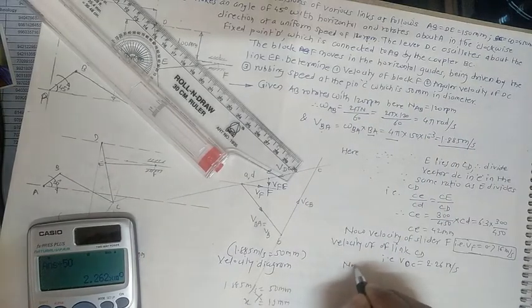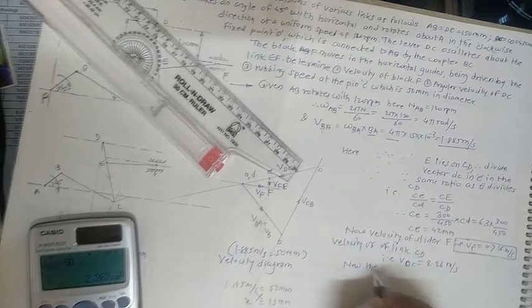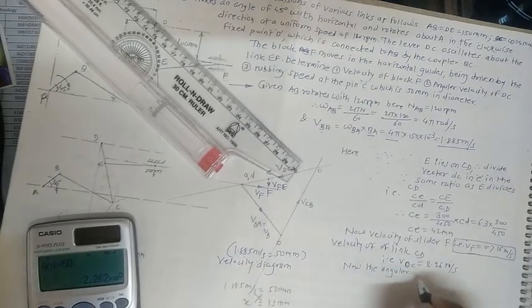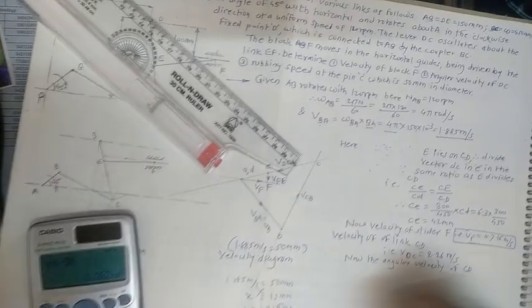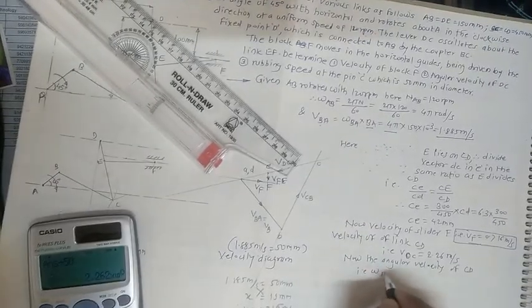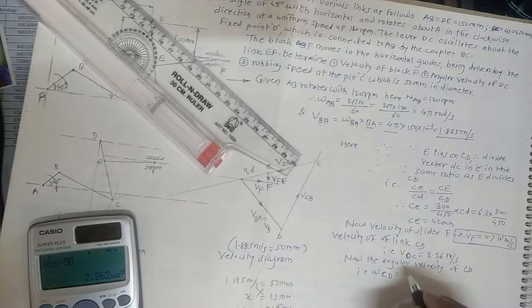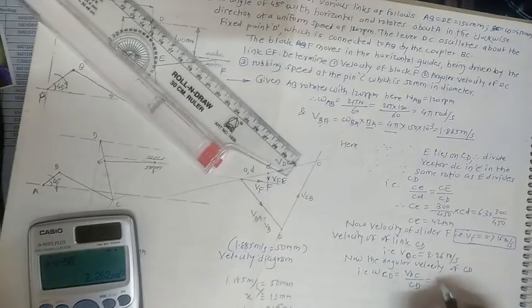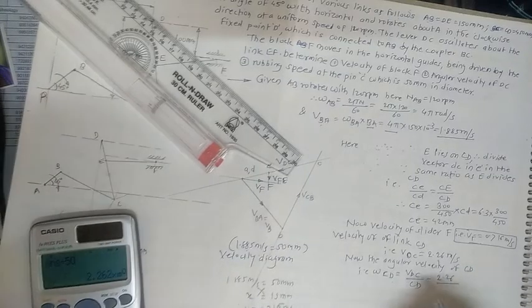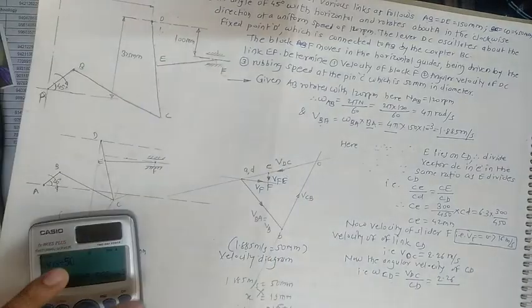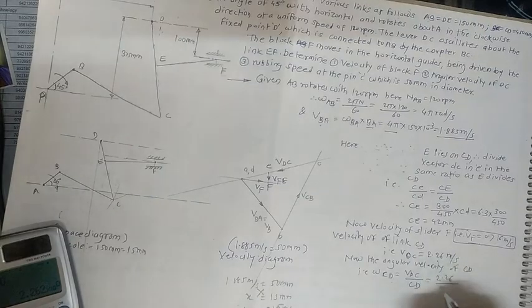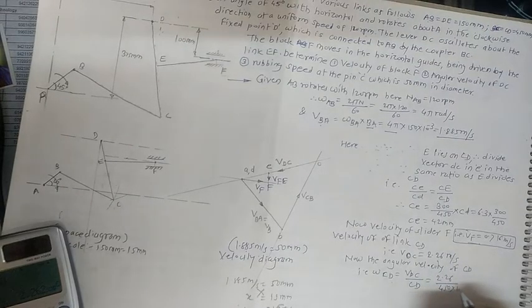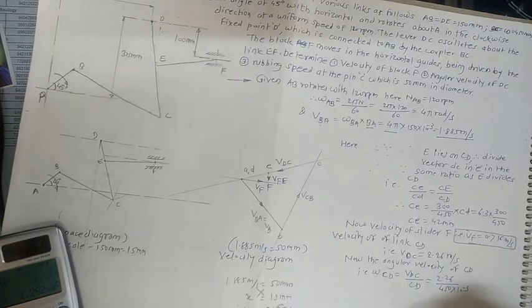Our target is to get the value for the angular velocity of the same link. Now the angular velocity of CD, that is omega CD, equals VDC divided by CD. This is 2.26 divided by CD, which is 450 mm, multiplied by 10 raised to minus 3.